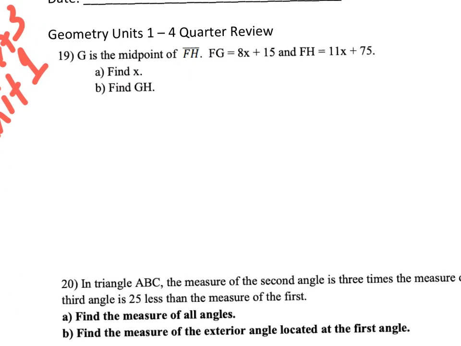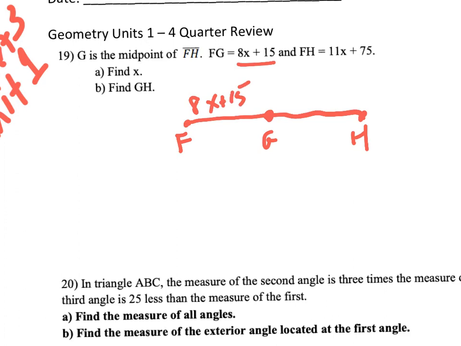So I'm given that G is the midpoint of FH. Before I do anything, I want to draw a diagram so I have some frame of reference. Oh gosh, that's not straight. This is my segment, FH. G is the midpoint, so I know G is in the middle, so I'm going to write G there. FG equals 8x plus 15, let me annotate that.